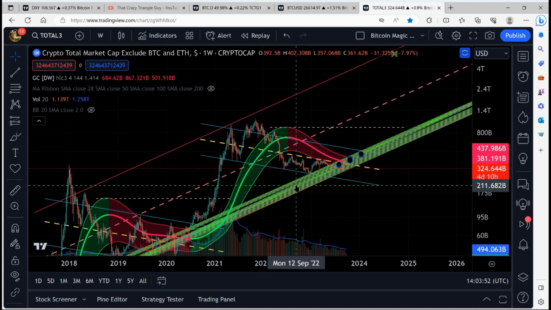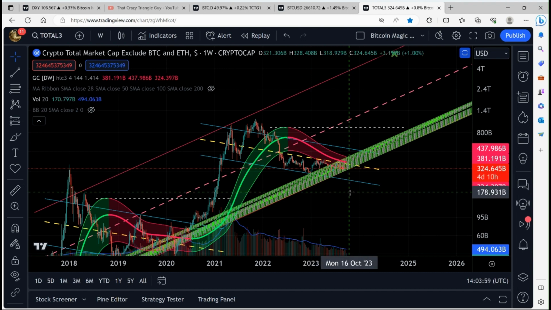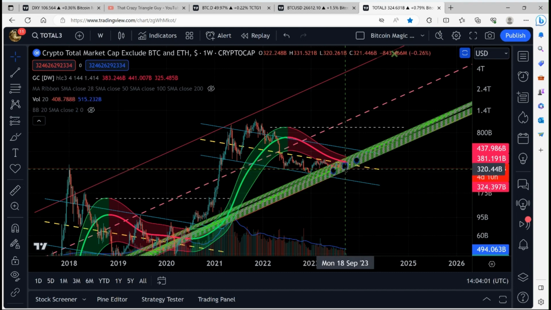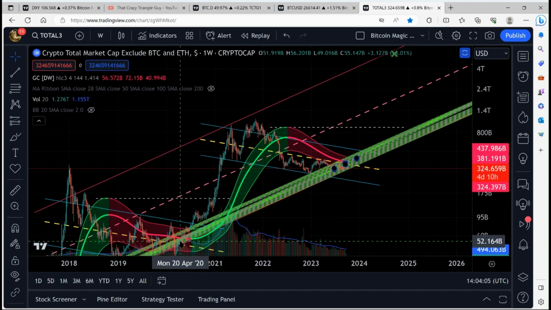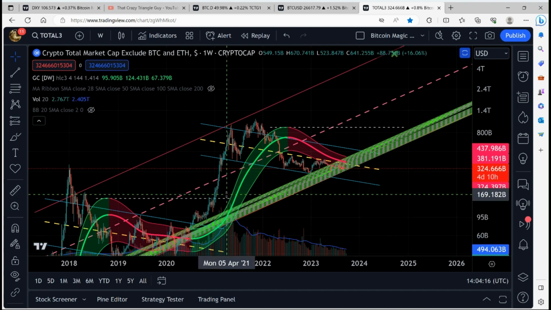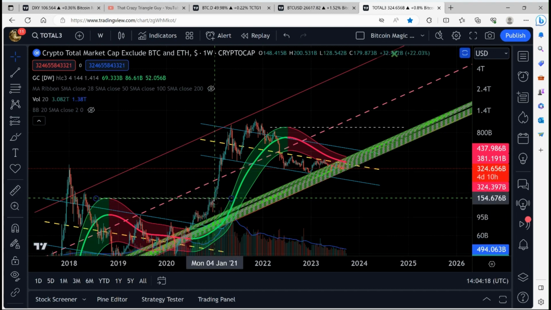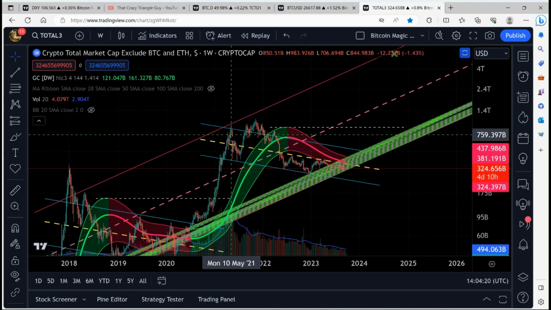These are a bunch of little parallel channels that I drew on a smaller time frame, and currently we are right here, which coincides with this part of the market cycle. So the parabolic run starts way over here. Boom.